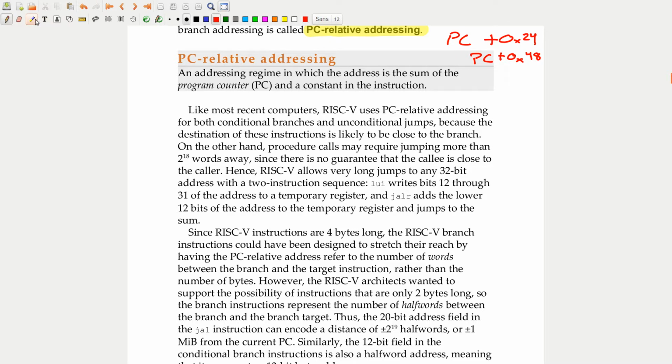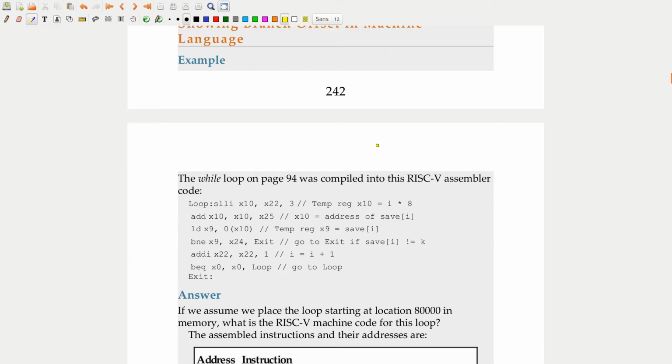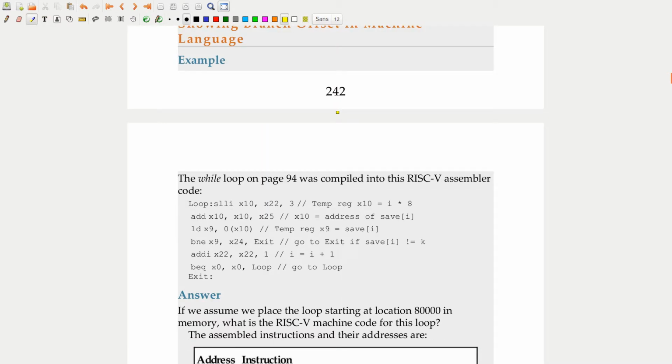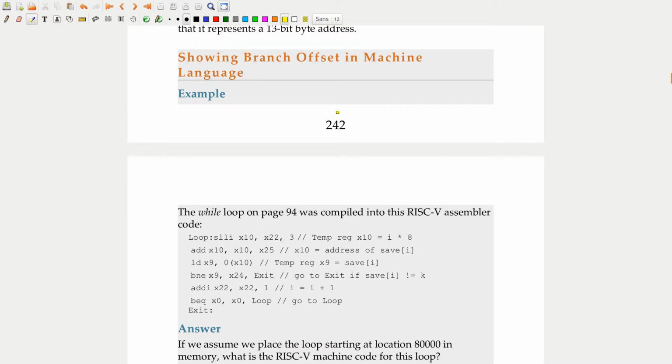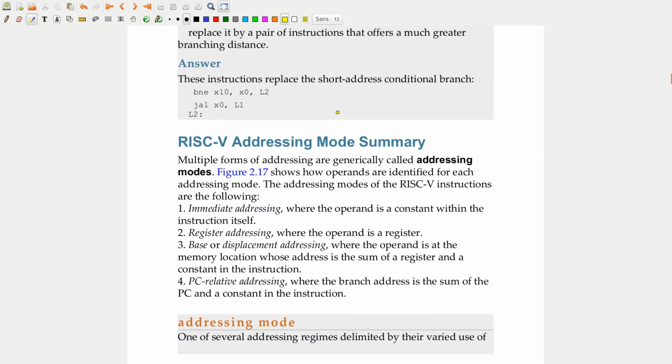And that's a very intuitive and very easy way to think about how we would get around. Okay, showing branch offset in machine language. We're really going on the same thing.